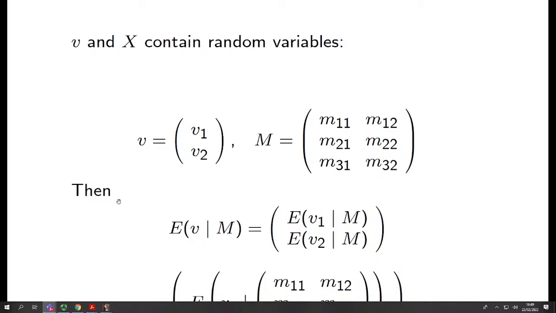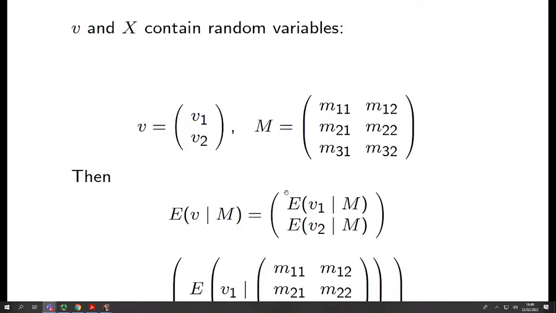Now, the definition: when I say I'm computing the expected value of V conditioning on M, the meaning is the following. I'm taking the expected value of V1 given all elements of the M matrix, and the expected value of V2 given all the random variables in the M matrix, okay?